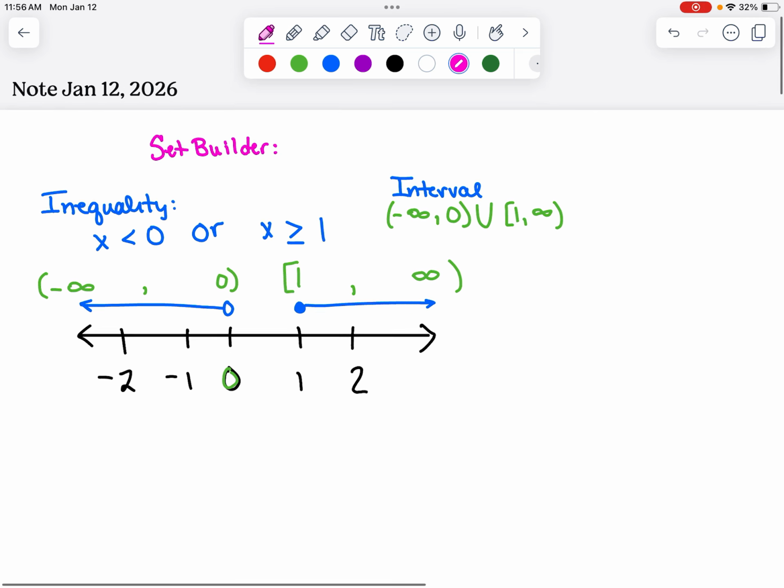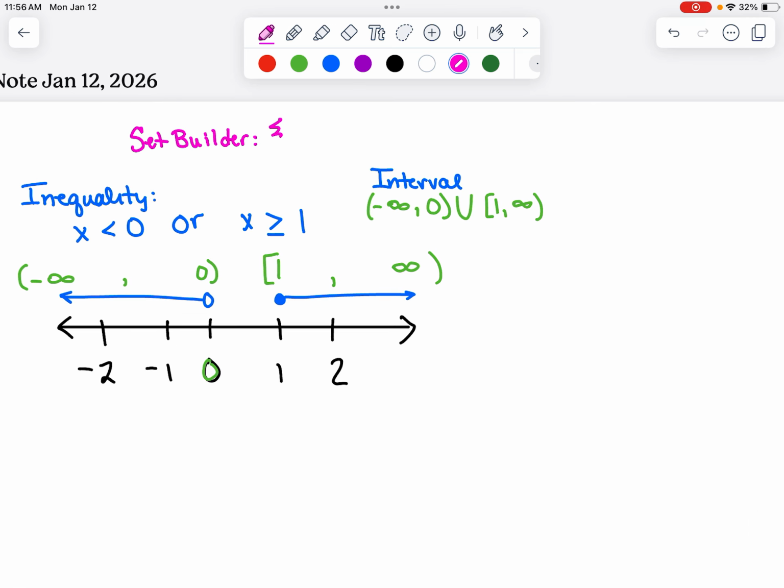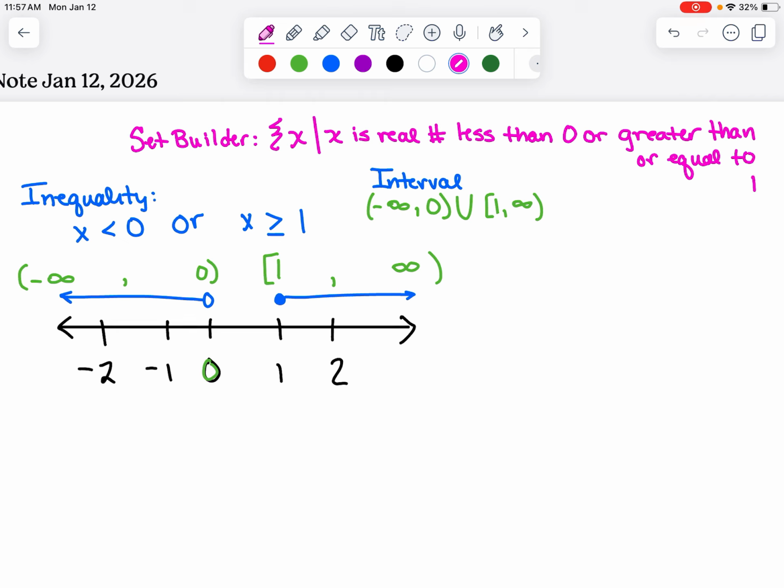All right, so set builder notation describes it. So it has a brace, it says what our variable is, and then we just kind of say what our variable is or what we have. So you can say x is a real number, and that real number is allowed to be less than 0, or it is also allowed to be greater than or equal to 1.